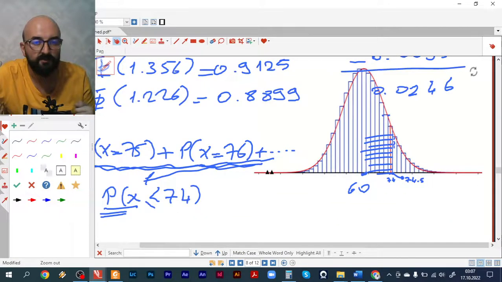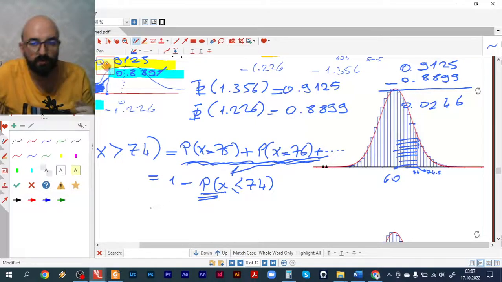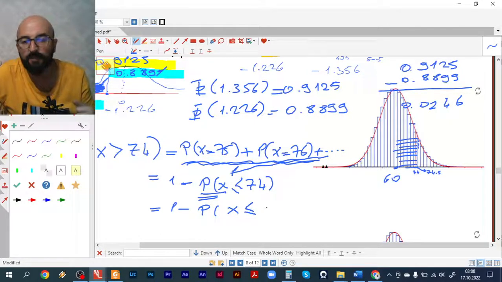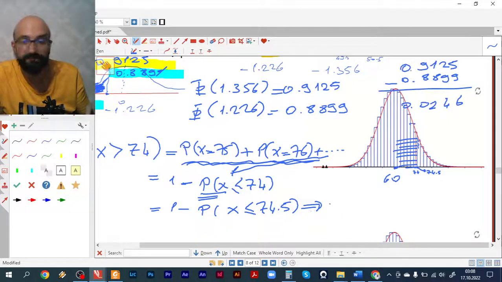Okay, and we will use 1 minus the probability of x less than or equal to 74.5. But we need the continuity correction.